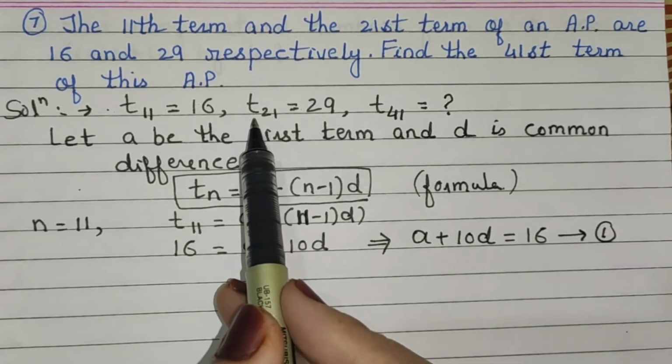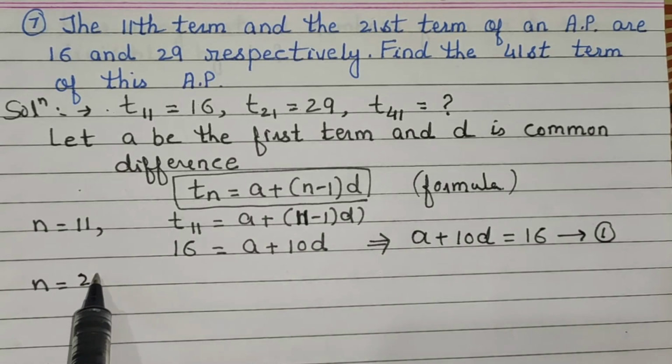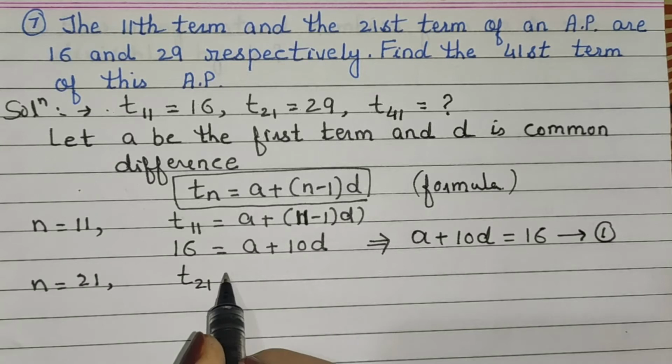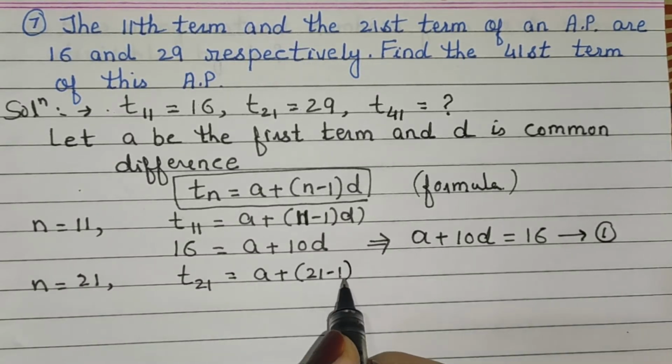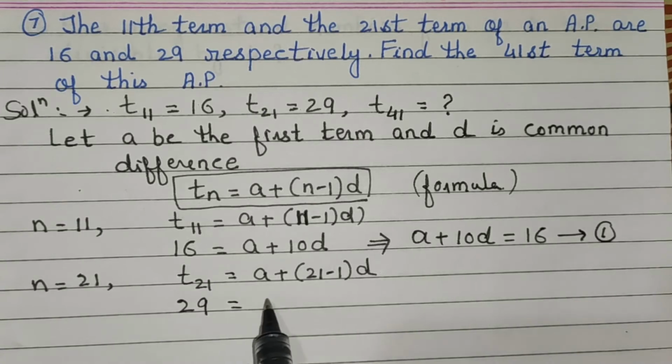Now the second value is T21. Now in the given formula, n is equal to 21. Write down here, T21 is equal to A plus 21 minus 1 into D. Now the value of T21 is 29. Substituting it, A plus 20D.